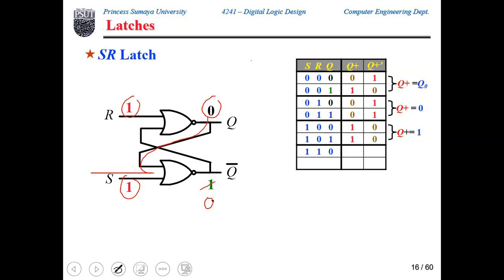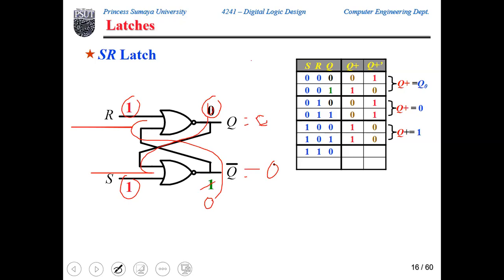So Q bar becomes 0. If you take this 0 back here, 0 or 1 is 1, complement 0. If you keep repeating this, you will end up with Q being 0 and Q bar also 0.